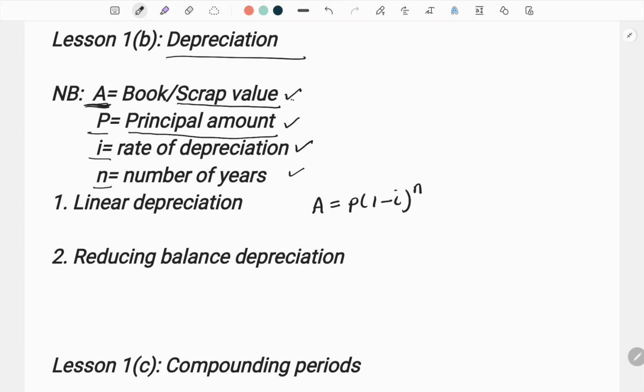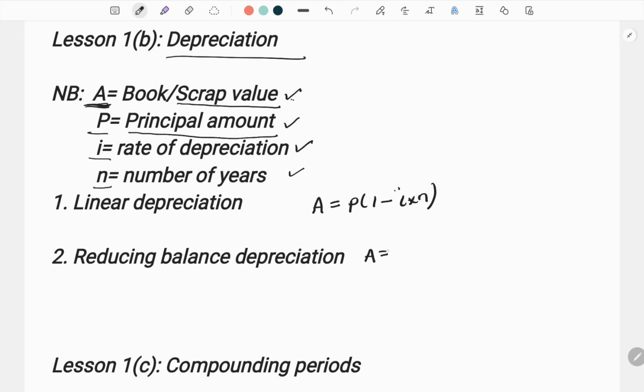Remember, depreciation, the formula now changes. Oh sorry, I made a mistake. It's linear, not exponential. It's going to be multiplied by I times N, just like the simple interest formula, but here it's a minus sign for linear depreciation. Then for reducing balance, it's like compound interest but with a minus sign.